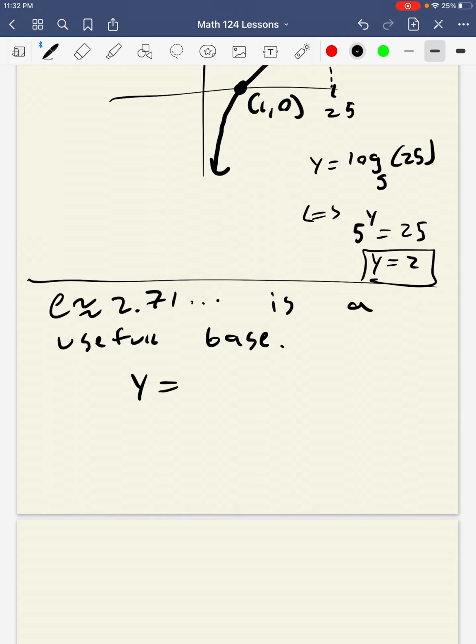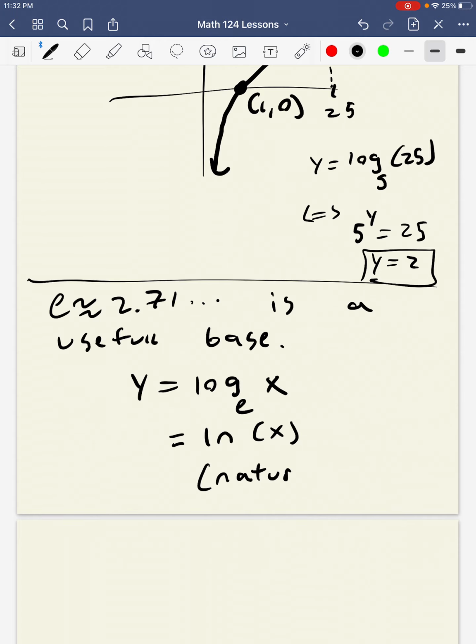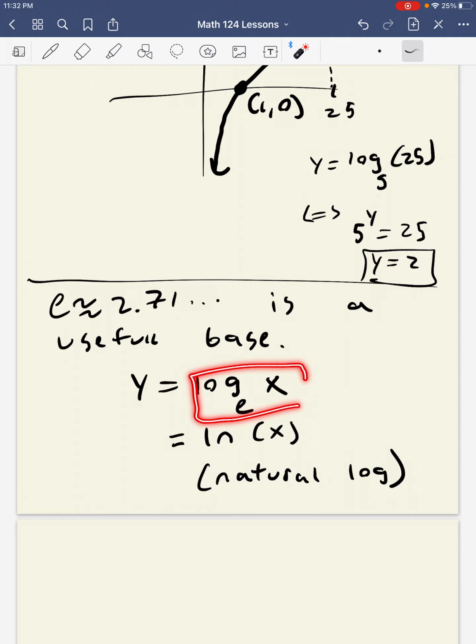We will be dealing with log base e of x, but since we use this so much in mathematics, we give it a shorthand notation. And we even give it a name. It's called the natural log. So if you see this symbol in your homework or elsewhere, this is what it means, just that the base is e.